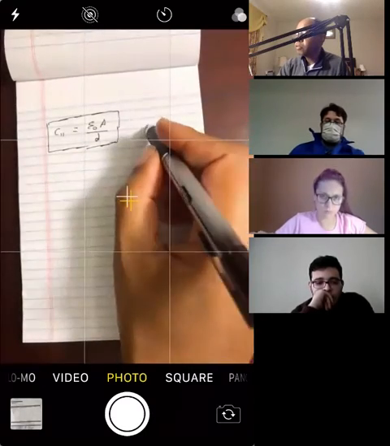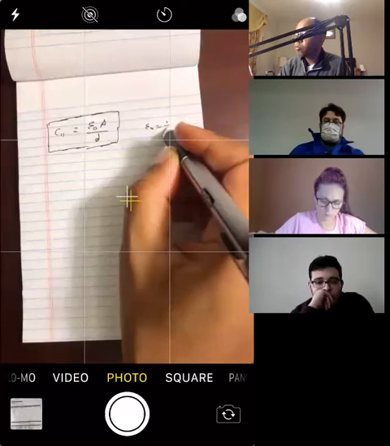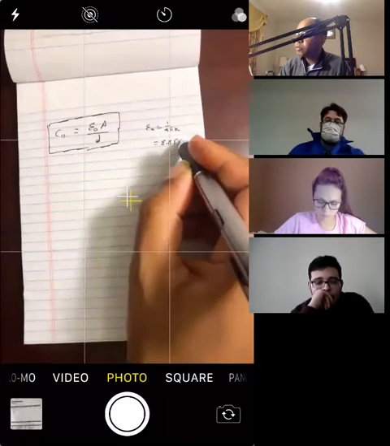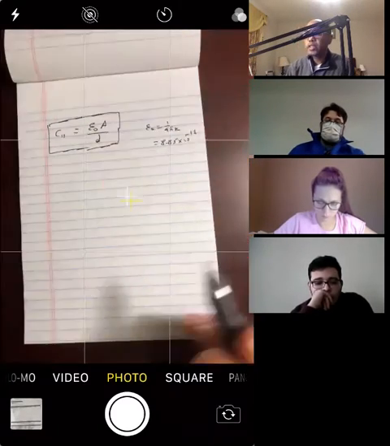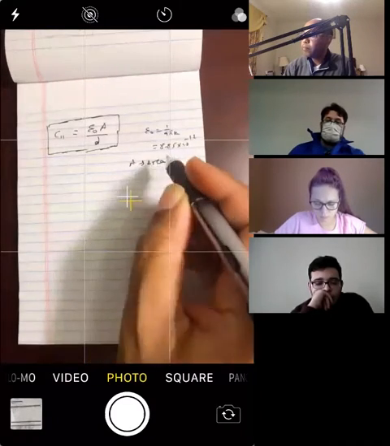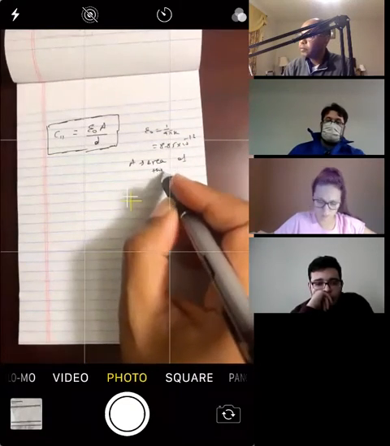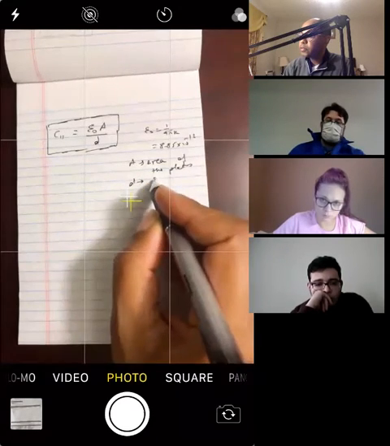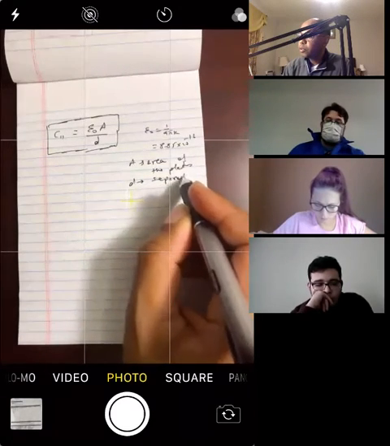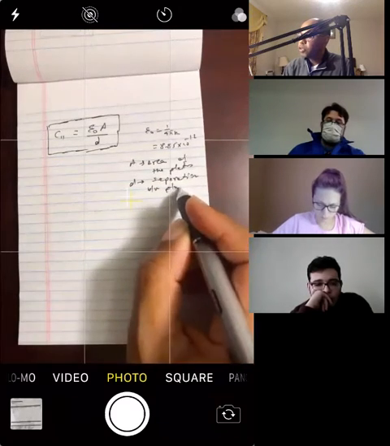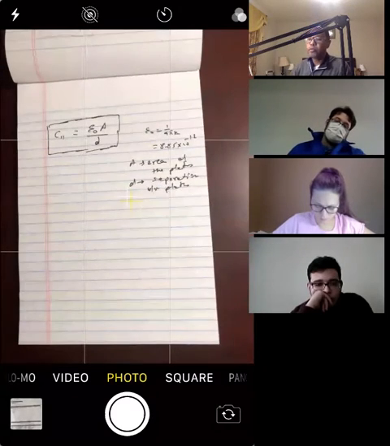So epsilon, if you remember, is 1 over 4 pi K, okay? So it's about 8.85 times 10 to the power of negative 12 in SI units. A is the area of the plates, okay? And D is the separation between the plates. Now we're assuming the insulator inside is air or vacuum, okay?